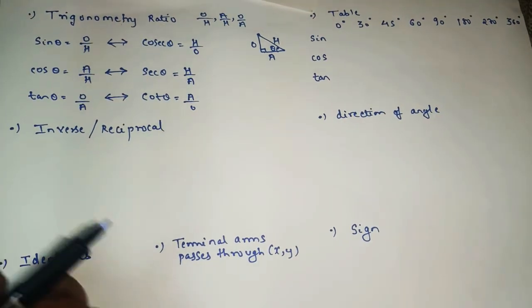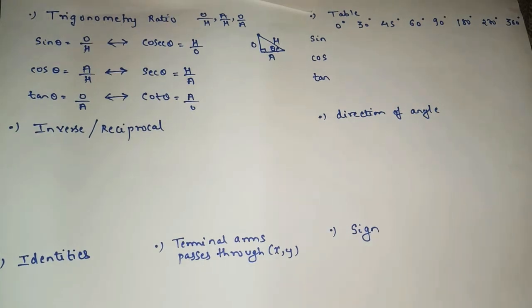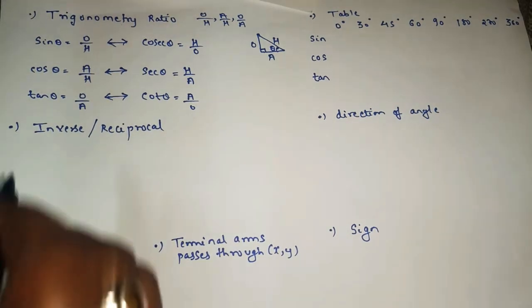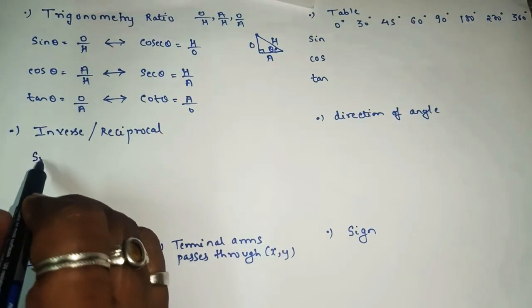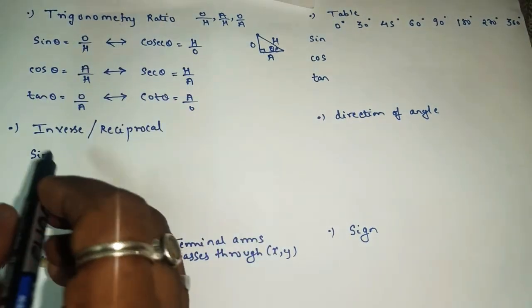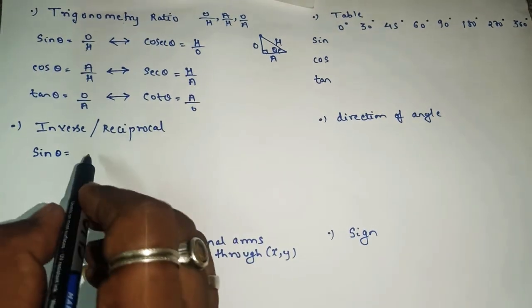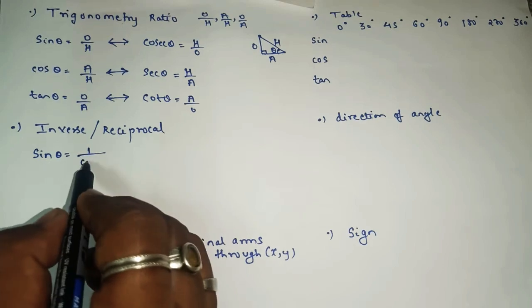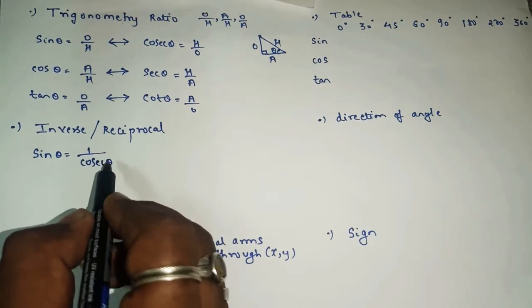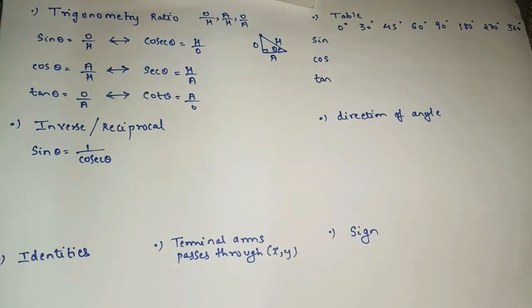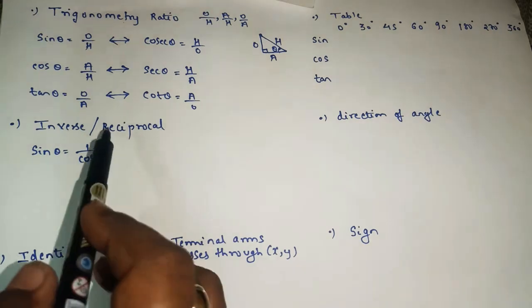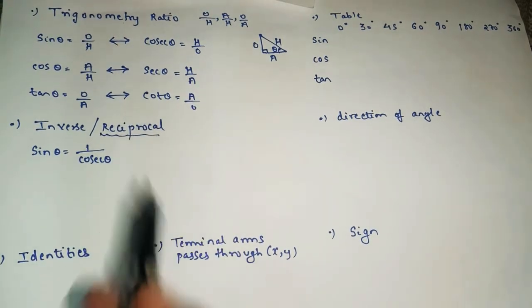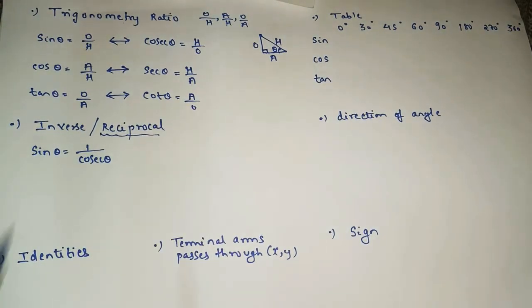Then after that, we'll see the second one, that is inverse and reciprocal. So we know that sine is the inverse of cosec. So sine theta will be equal to 1 upon cosec theta, yes or no? As there is an inverse relation between sine and cosec, or else we can use the word reciprocal also. Sine and cosec are reciprocal to each other.